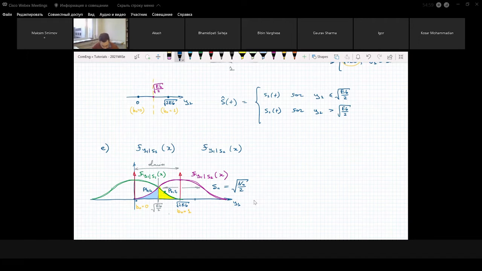Let me actually check what they're asking us about. So, sketch the conditional probability density function. We did it. We have the conditional probability density functions, and we have specified important parameters.